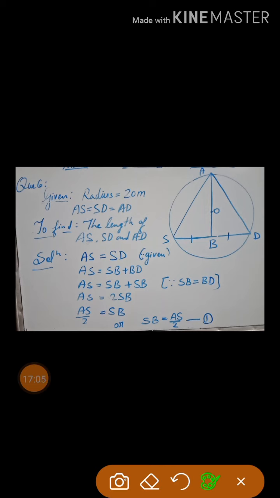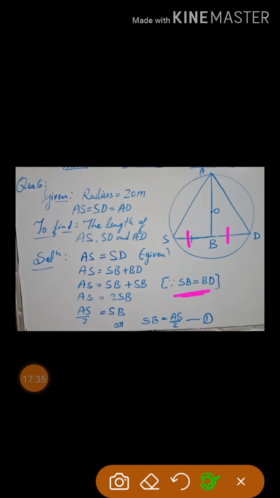Now we know that SB and BD both are equal, so in place of BD also we are writing SB. Because we know that SB and BD are equal, SB is written as SB and BD is also written as SB. So SB plus SB will be 2SB.